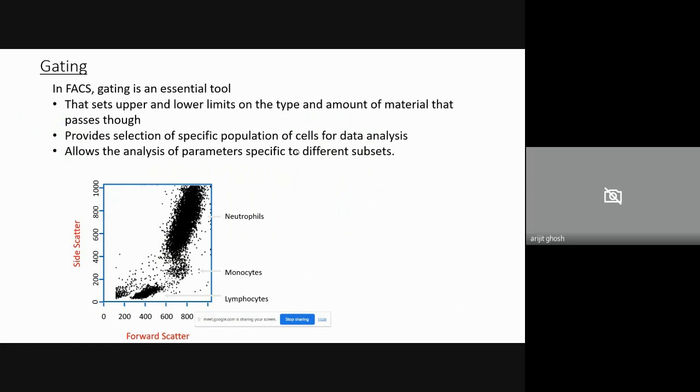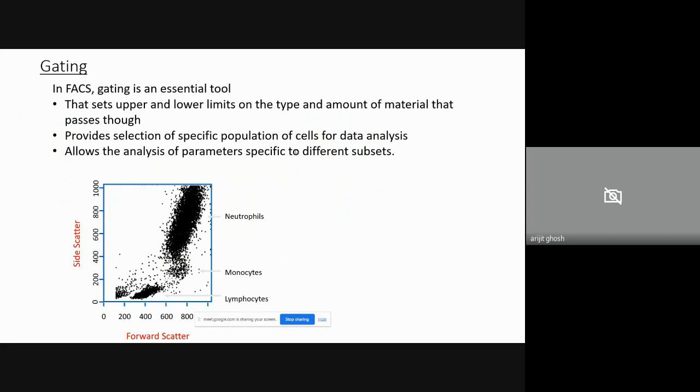There are different advantages of gating. First, it sets the upper and lower limits on the type and amount of material that passes through. Suppose we only want to see the live cells.